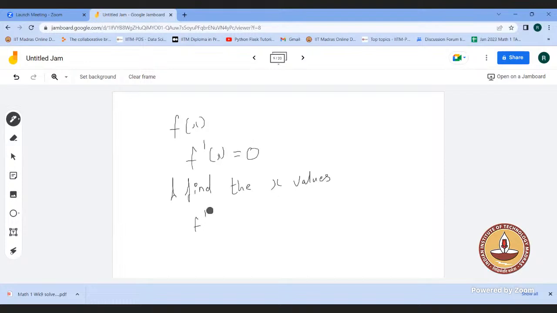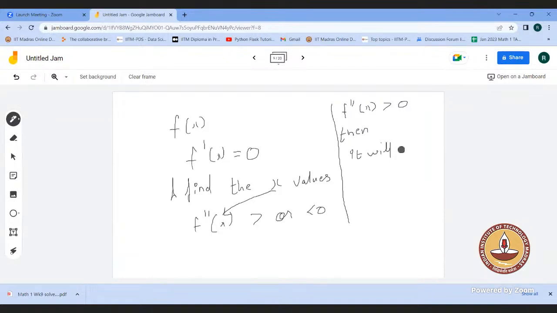We have to find f double dash of x and substitute the critical points here, and check whether they are greater than or less than 0. So as you said, can you tell me what will happen if f double dash of x is greater than 0? It is the minimum value at that point. So we got the minimum. Yeah, it will be minimum, right?